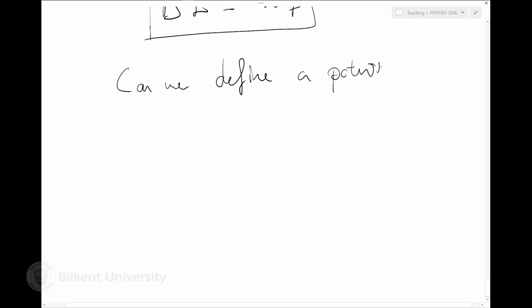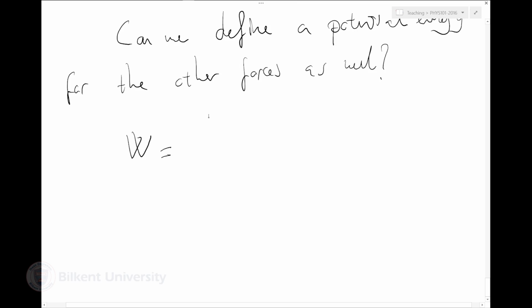And here's the thing. It depends, obviously, on the nature of the force. My general formula for work was ∫F·dl. In my previous calculation for gravity, it just turned out this is equal to minus mg (h final minus h initial).